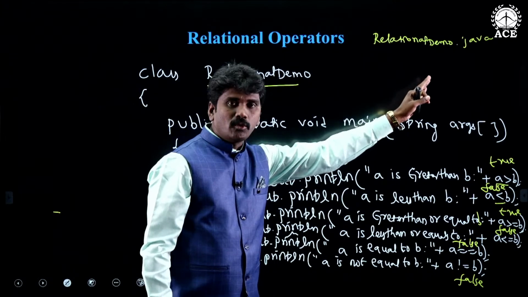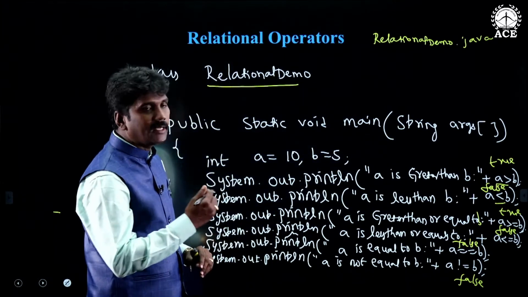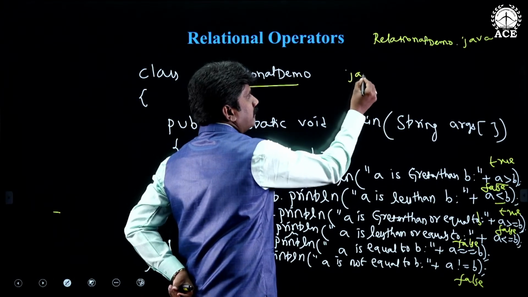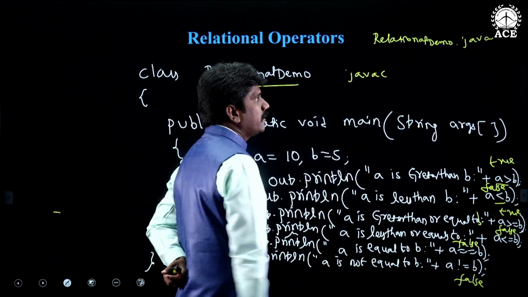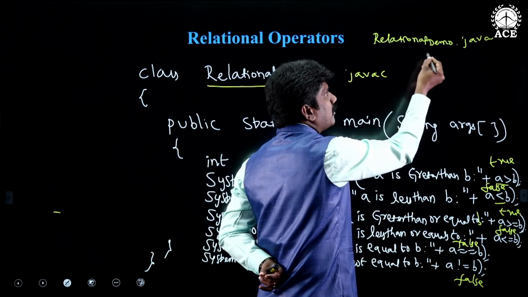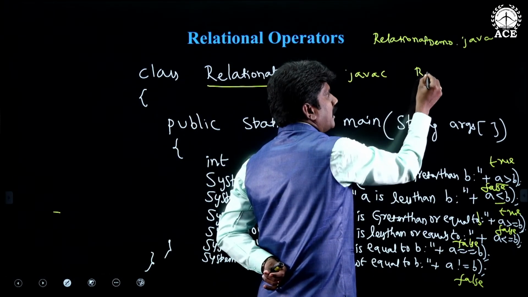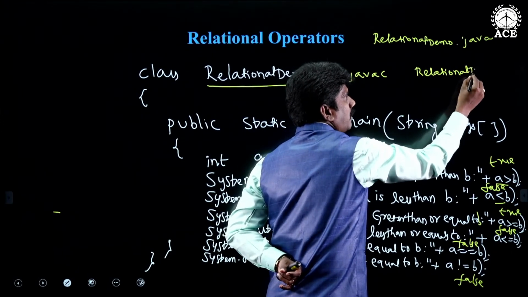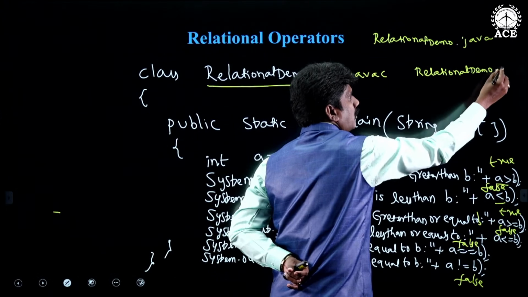So RelationalDemo.java. And how can we compile this program? By using the command javac space filename.java. What is the file name? The file name is RelationalDemo.java.